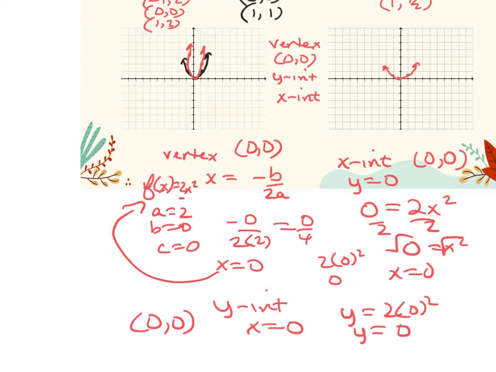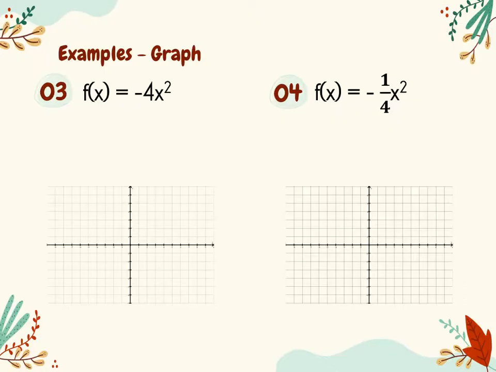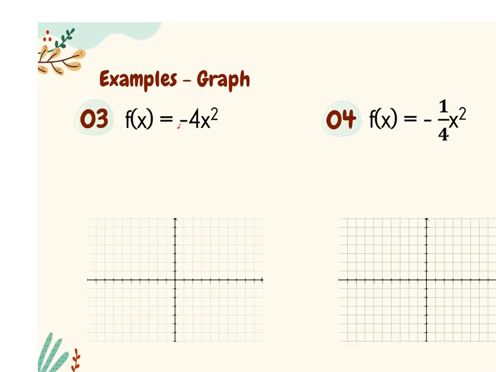Reflection. Remember, whenever there's a negative in front, this means that it's a reflection across the x-axis. And then this 4 means it goes up 4 times as fast. So again, your parent would have been 0, 0, negative 1, 1, and then 1, 1.